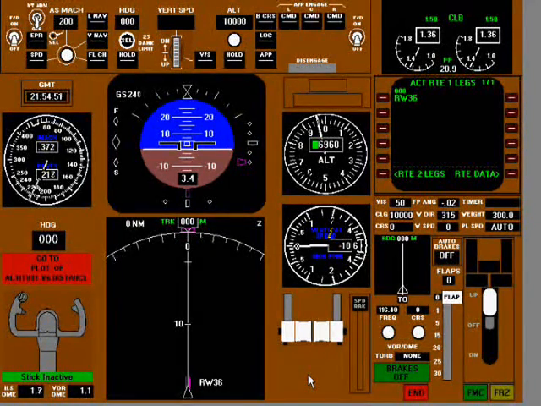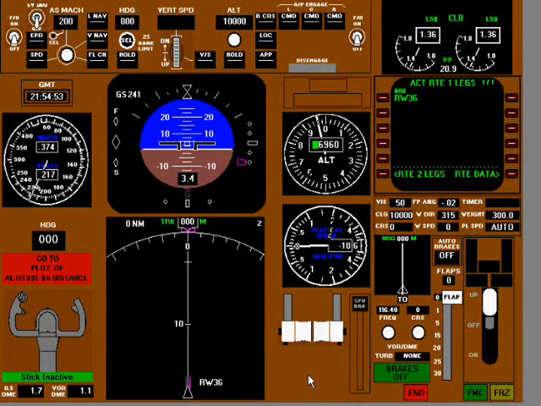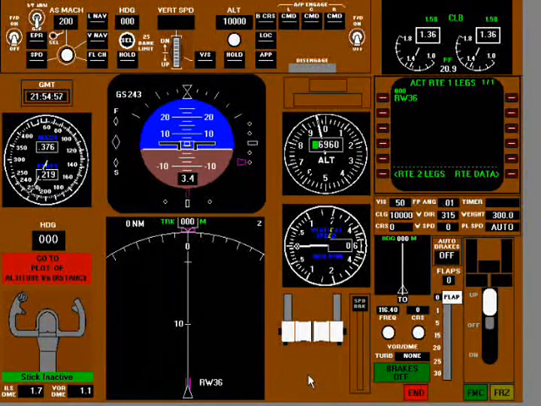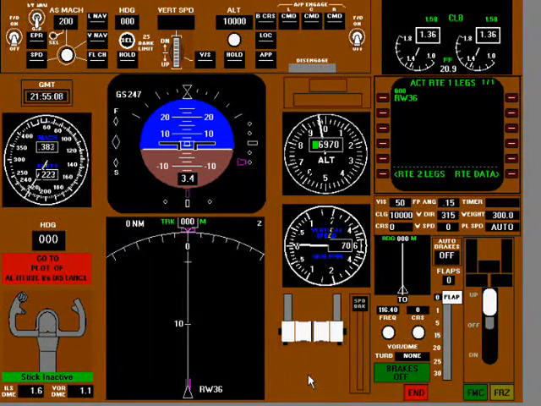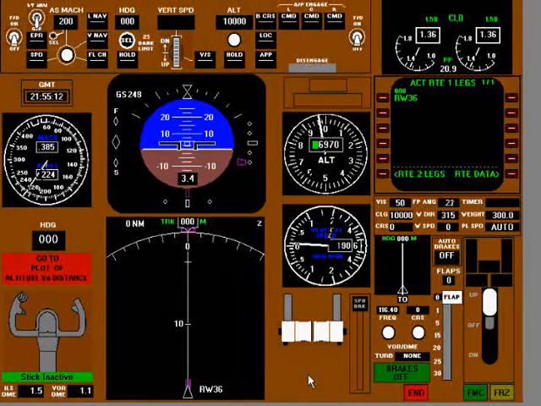But maintaining the zero rate pitch attitude, as the airspeed increases, the vertical speed will now increase, approaching our target altitude at a much reduced vertical speed. It is therefore much easier to capture the altitude precisely.